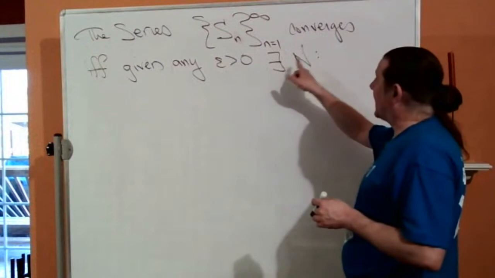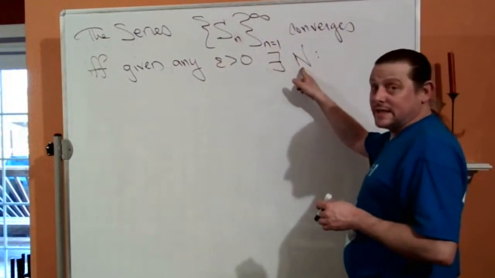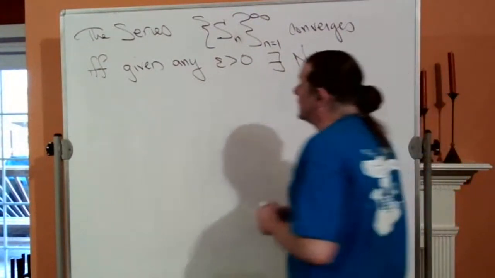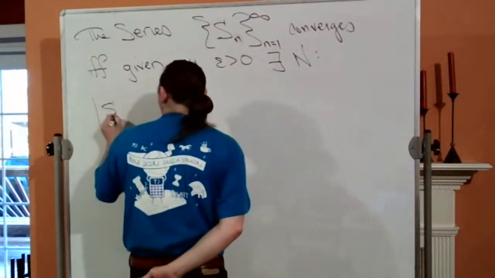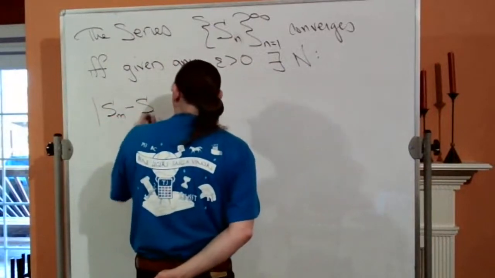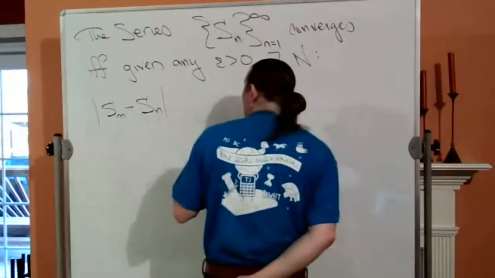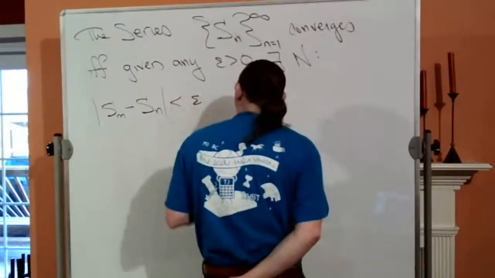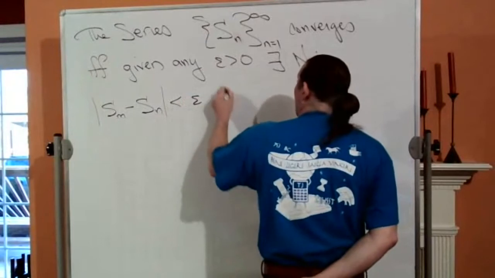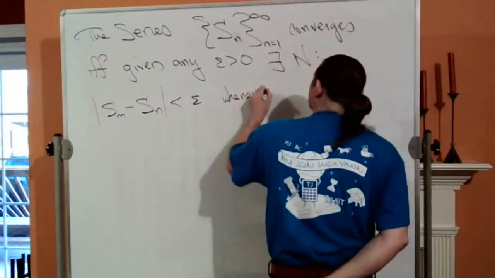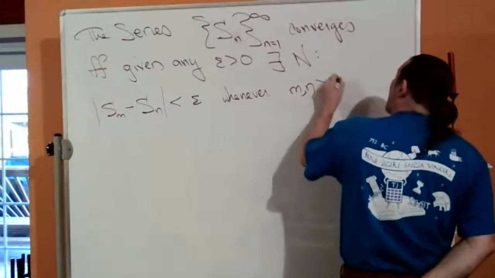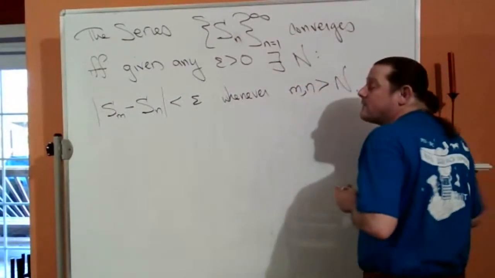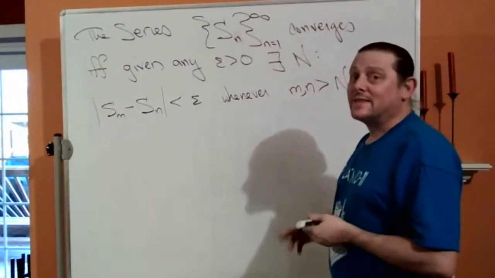So there exists far enough down the sequence such that the absolute value of Sm minus Sn is less than epsilon whenever m and n are both far enough down the sequence.